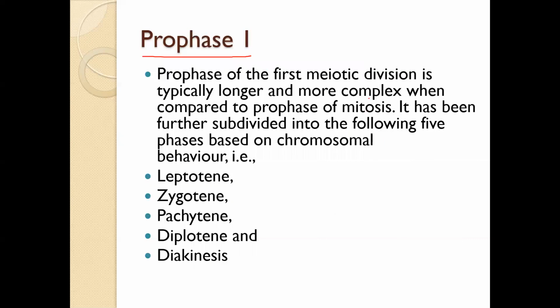The only difference is that prophase 1 is a really complex and elongated phase, typically longer and more complex when compared to the prophase of mitosis, or the meiotic prophase 2.